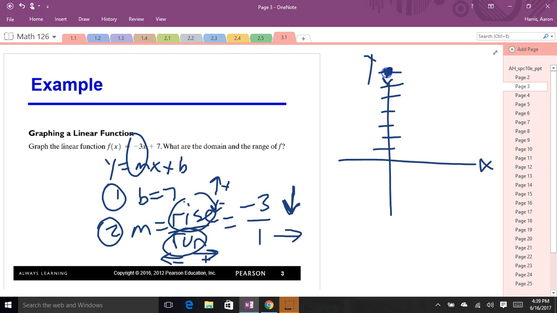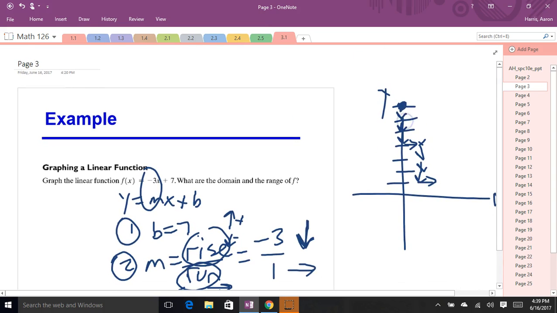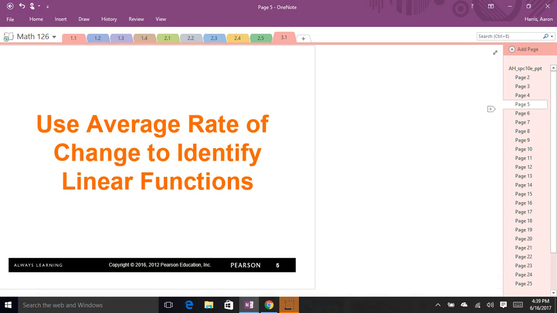So I go down 2, 3, and right 1, and I put a dot right there, and down 3, right 1 again, put a dot. You could keep drawing this thing, and there's a better picture of it right here. Notice they went down 3, right 1, from that y-intercept of 7.